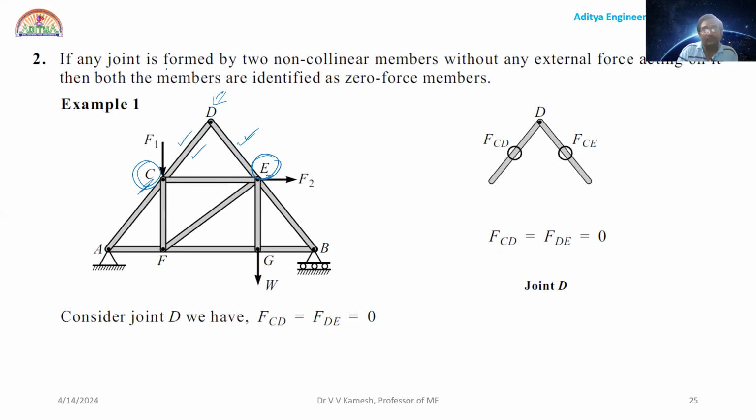So if any joint is formed by two non-collinear members without any external force acting on it, then the force is 0. Suppose there is a force, so I am inducing some other force, F3, then the condition will not apply, right? Because D is a loaded one, C is a loaded one, F2 is a loaded one. Suppose F3 is not there, then on the right side, FCD and FCE will become 0.